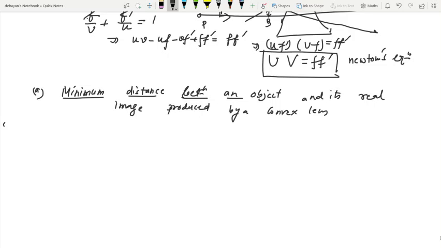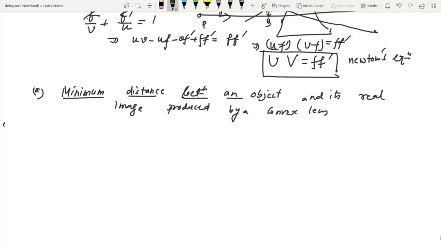We take the image distance v, and the focal length f is positive. So 1 by v minus 1 by u is equal to 1 by f. So we get 1 by v plus 1 by u is equal to 1 by f.